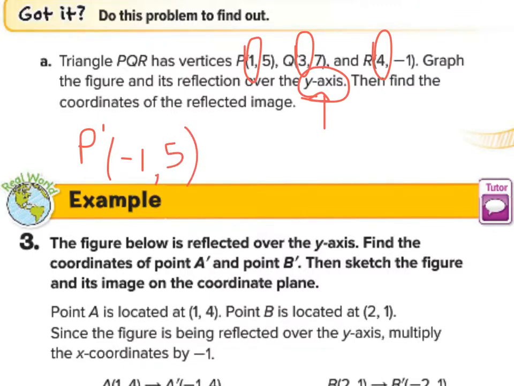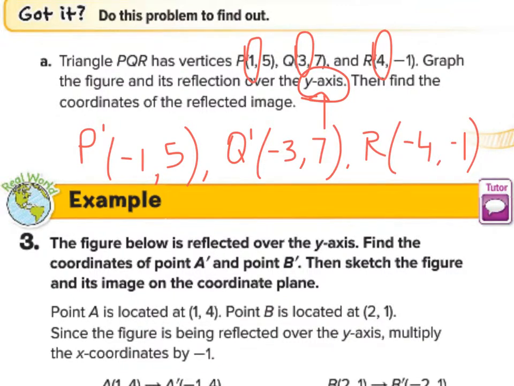And then my Q prime, my image, will be the opposite of 3 is negative 3. And I get 7. And R, okay, the opposite of 4 is negative 4. And negative 1. And there's my new set of coordinates.